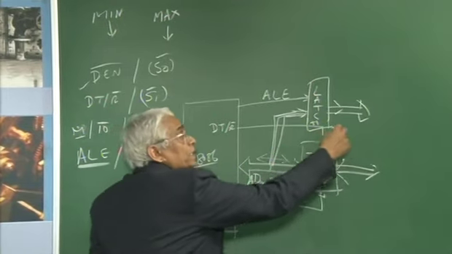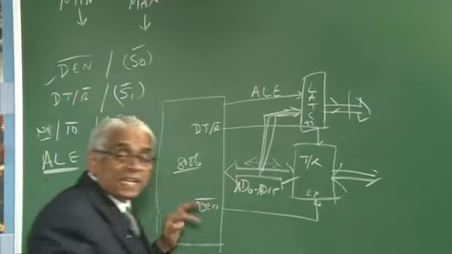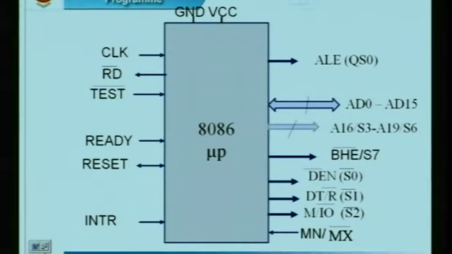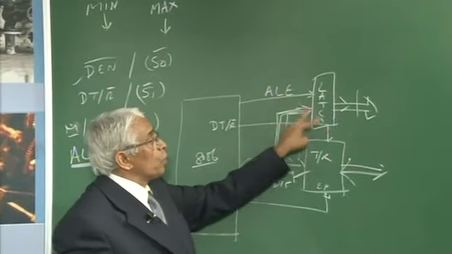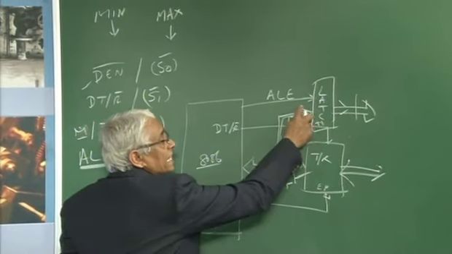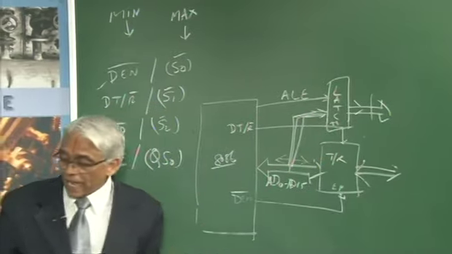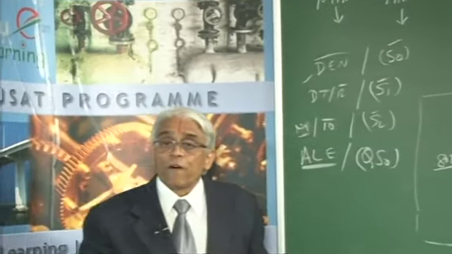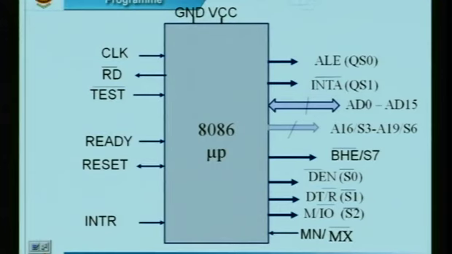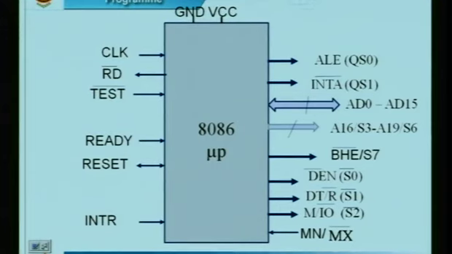At that time this line should not have anything else, only the address should be available. Hence we have a latch. That latch is used by sending an address latch enable to store the address, and it becomes convenient for the external device, either a memory or an IO device, for interaction. The next one we have is the interrupt acknowledge signal.